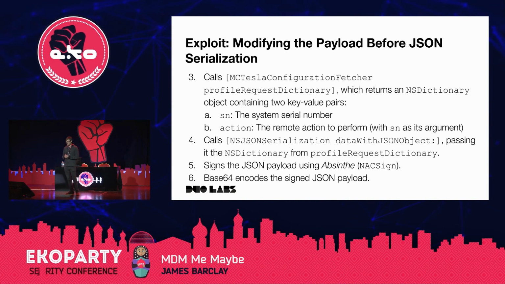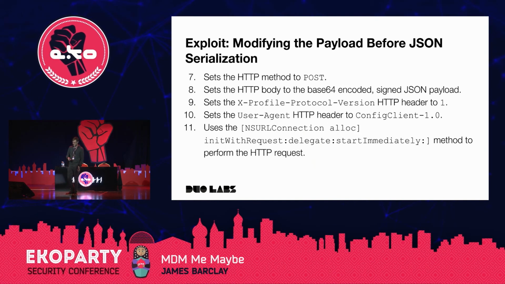It then serializes this dictionary to JSON, signs the JSON payload, base64 encodes it, and then does a bunch of other stuff, like sets the HTTP method to POST, sets the body to the base64 encoded payload, sets some HTTP headers like X-Profile-Protocol-Version is set to 1, and the user agent is set to ConfigClient-1.0. Finally, it's going to use NSURLConnection to perform the HTTP request.